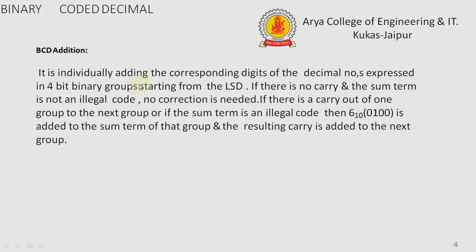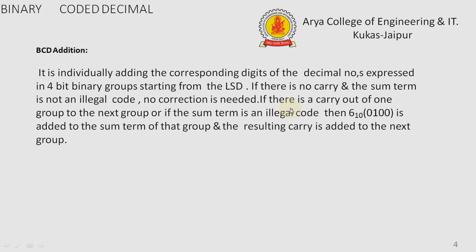It is done by individually adding the corresponding digits of the decimal number, expressed in 4-bit binary groups, starting from the LSD. If there is no carry and the sum term is not an illegal code, no correction is needed.